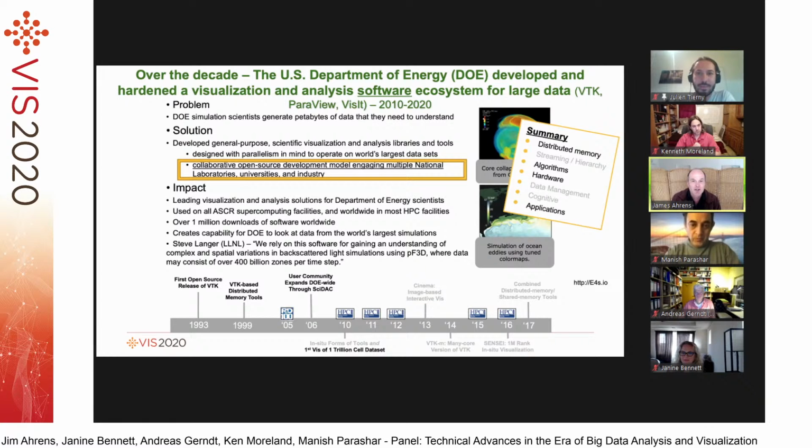This is a highlight slide that we have for DOE, but I thought it was relevant in the past decade. At some level, we got together as a community strongly, national labs, universities, and industry, and we built a pretty strong open source software development model.